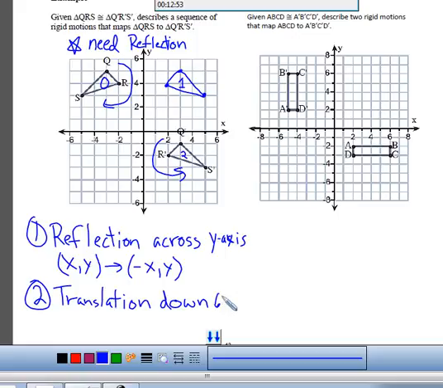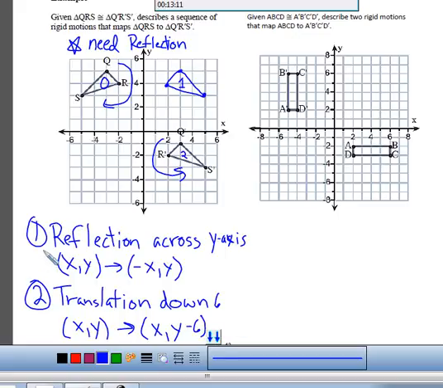So translation down 6 spaces. And the rule is, so now our new points, (x, y), the x value stays the same, because that isn't affected by going up or down. But the y values are going down 6.